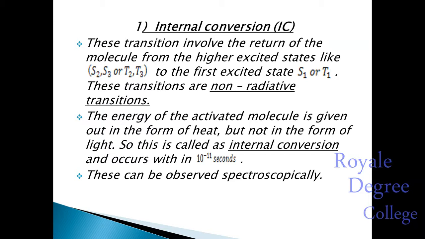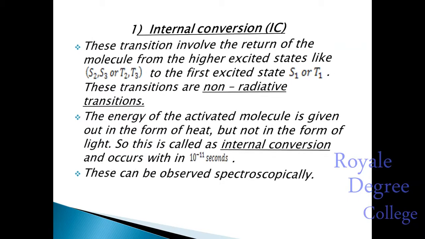These transitions are non-radiative. The energy of the activated molecule is given out in the form of heat, but not in the form of light. So this is called internal conversion and occurs within 10 to the power minus 11 seconds. These can be observed spectroscopically.